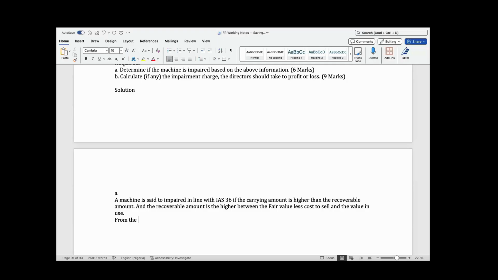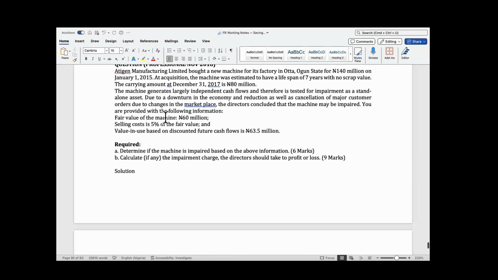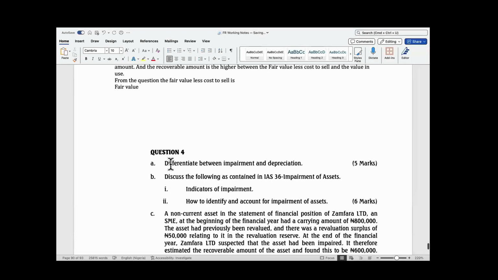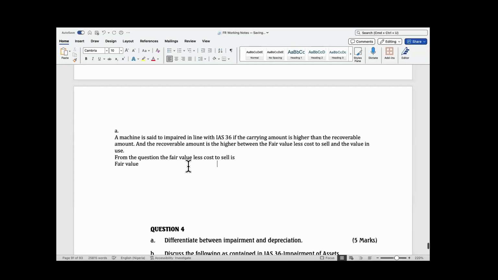From the question, the fair value less cost to sell: fair value is how much? 60 million.